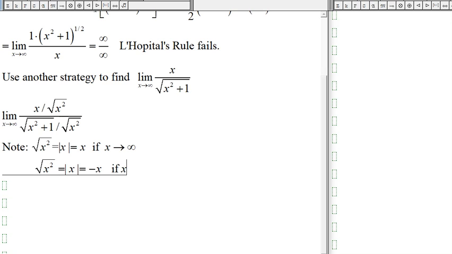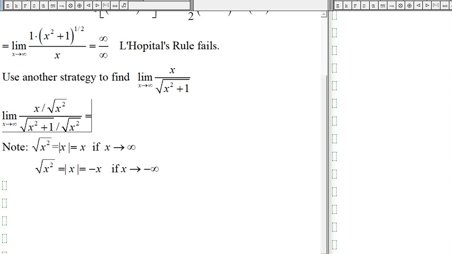And so the square root of x squared is not always x. It's only equal to x if x is moving in the positive direction, but it's equal to negative x if x moves towards the negative direction.